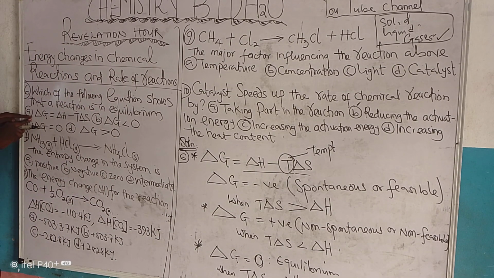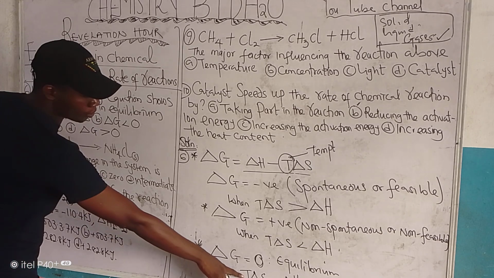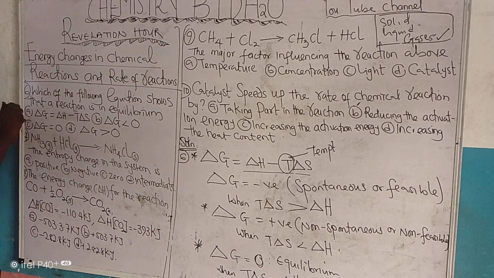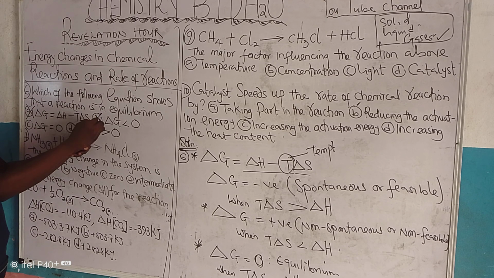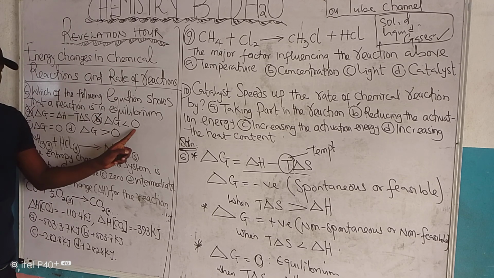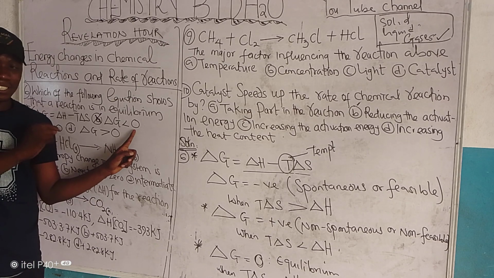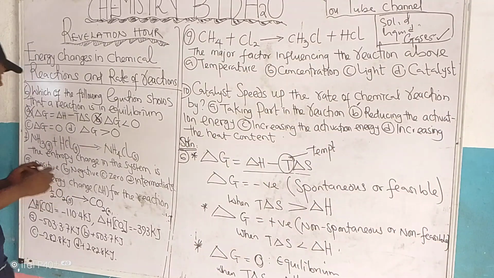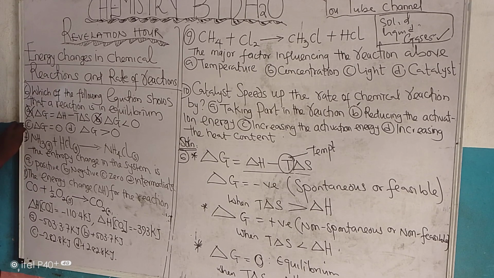Is it this? No. Listen, look at what I told you. Temperature times entropy is equal to enthalpy change, and that does not relate to this, so it is not the answer. Check this one, please. It is not the answer. If Gibbs free energy is less than 0, it means your Gibbs free energy is negative, and if it's negative, it means that the reaction is spontaneous. Okay? Now, if Gibbs is equal to 0, the reaction will be in equilibrium.